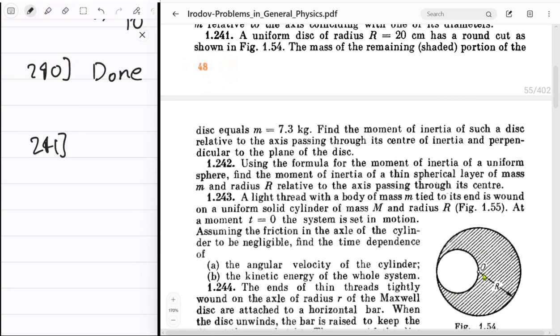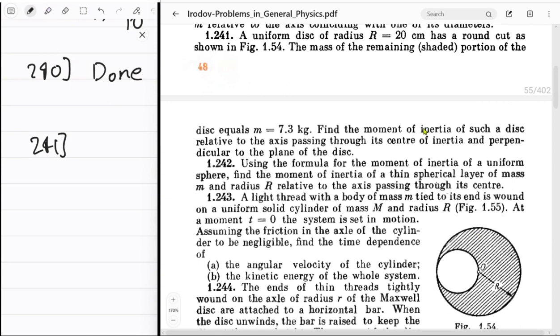So whatever. This complete disk just has its center of mass at this point. You got a negative mass attached. You can think of it like that. A void is basically a negative mass attached to this. Its radius is half of that, so it's got m upon 4. Yeah, this is m. We'll do that later on.